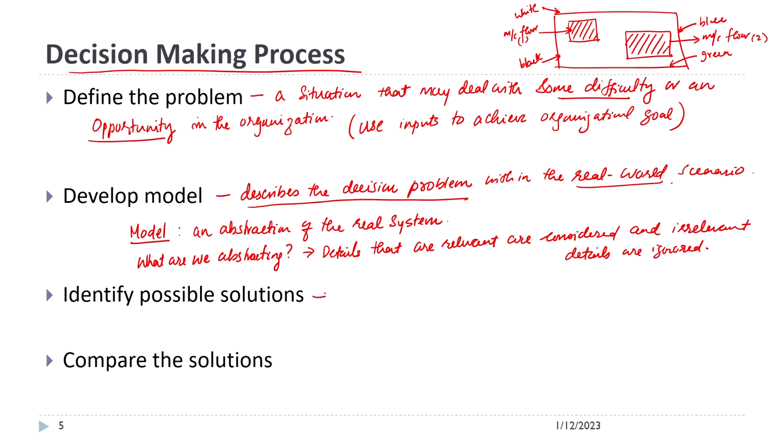Then comes identify possible solutions, the third step of the decision making process. What does it entail? Whenever I say identify possible solutions, I would like to use the word alternatives. Typically there is not just one, there are many alternatives available.